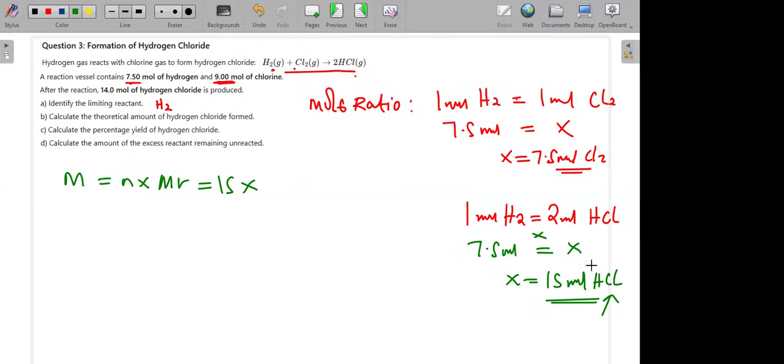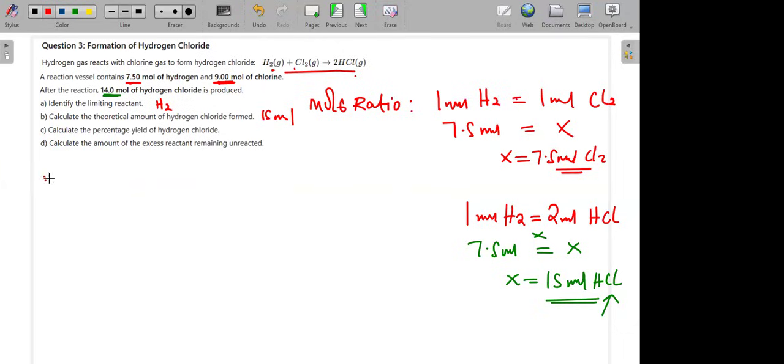These here are the theoretical moles that are needed, because we've been told that 14 moles of hydrogen chloride is produced. So this is theoretical, and this is actual. We don't even need to calculate the mass. So the theoretical amount is 15 moles.